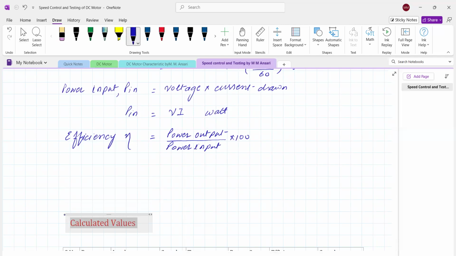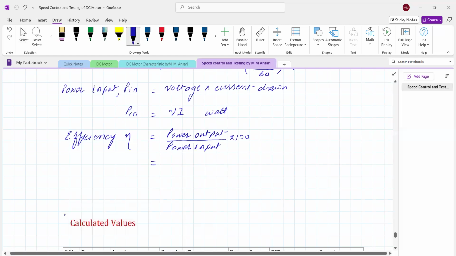Or we can calculate it as P out upon P in into 100. So the efficiency of the motor we can calculate at any load condition.